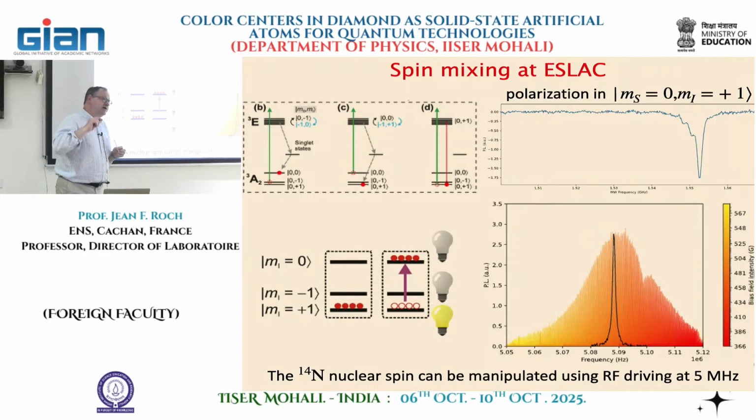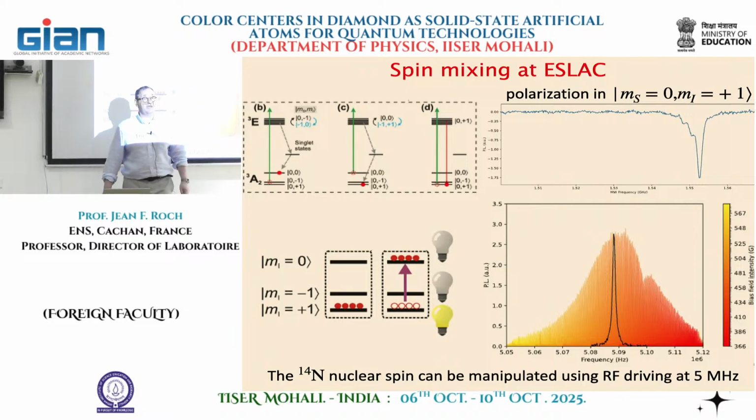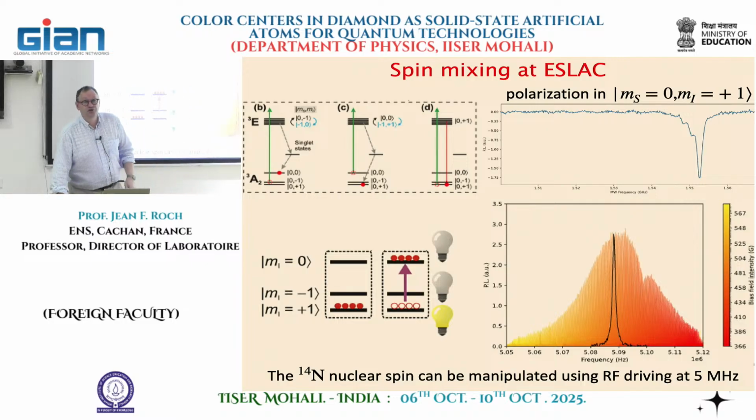What's also important is that now you can really play with the nuclear spin. You can even forget about any ODMR scheme. You can remove your microwave signal and only play with the excitation of those nuclear spins, which can be manipulated using a radio frequency at about 5 megahertz, due to the difference of g factor between the electronic spin and the nuclear spin.